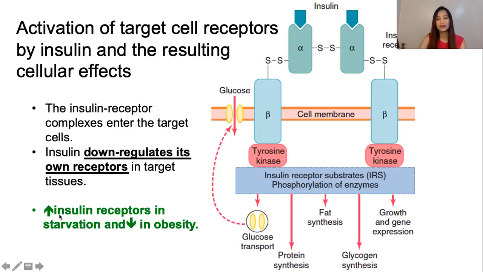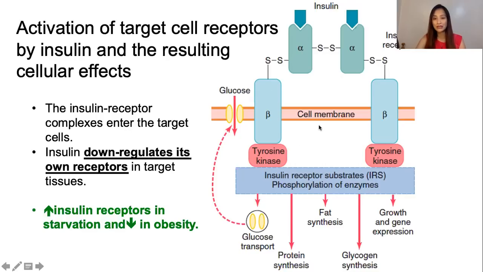If there is starvation, you will have an increase in insulin receptors so that more glucose will enter the starving cells. But in a patient that is obese, there's energy abundance, you don't need a lot of glucose uptake, so the insulin receptors are downregulated.